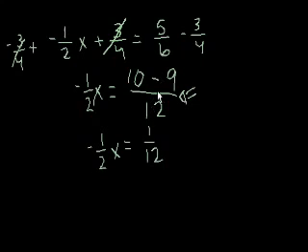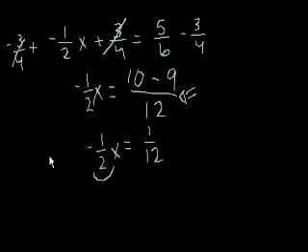And if that step confused you, I went a little fast, you might just want to review the adding and subtraction of fractions. So going back to where we were. Now all we have to do is, well, the coefficient on the x term is minus 1/2, and this is now a level 1 problem. So to solve for x, we just multiply both sides by the reciprocal of this minus 1/2.